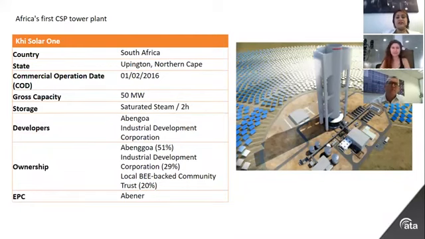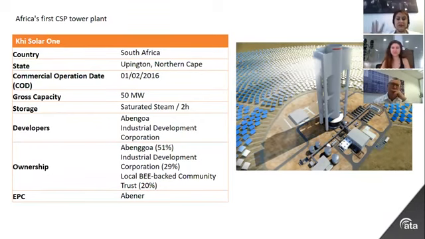And this is finally Khi Solar One, the Abengoa plant that is in South Africa. This plant has a lot of peculiarities, like passive air conditioning, a cooling system rather, but it is saturated steam. So it does have a little bit of storage, 2-hour storage also for passing clouds, intermittency and whatnot, but it is not a plant with molten salt storage.